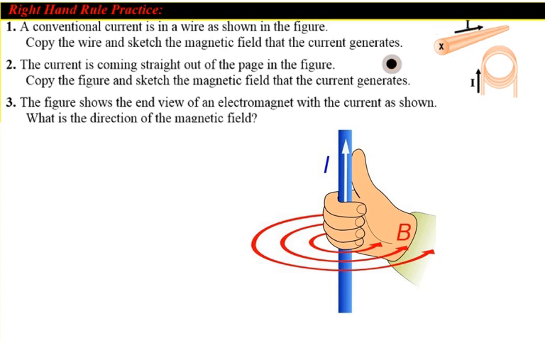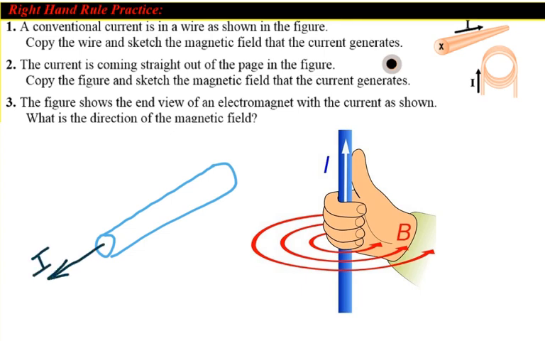And for the next question, number 2, the current is coming straight out of the page. You see that black dot as shown in the figure. Copy the figure and sketch the magnetic field that the current generates. So I have to again imagine the wire that is coming toward me, and the current is coming out of the page.